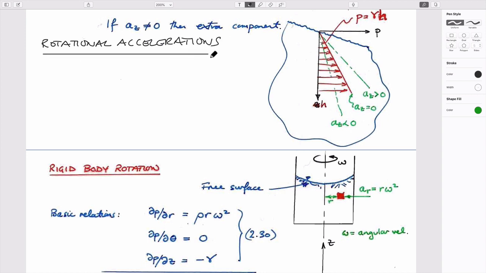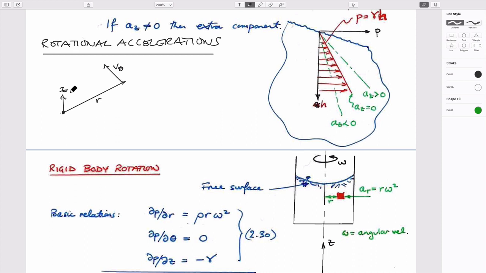I used to derive this, but I'm not sure that we really need to. But the idea is if we have a lever arm with some radius to it, and something is moving at some velocity that we'll call v theta, and it's moving around this fulcrum here, and this fulcrum has our z-axis vertically.